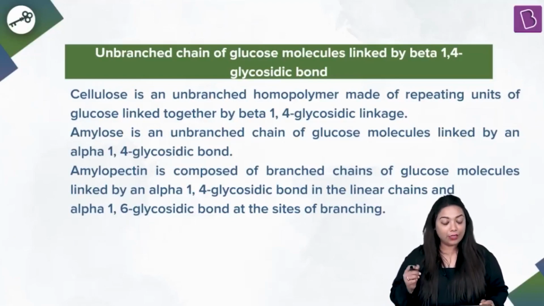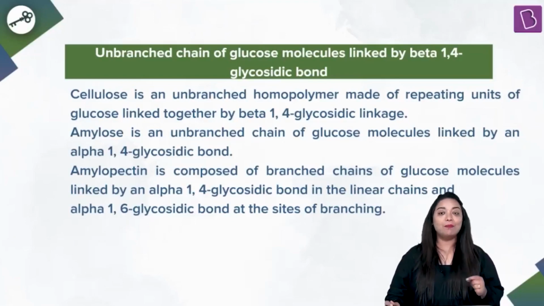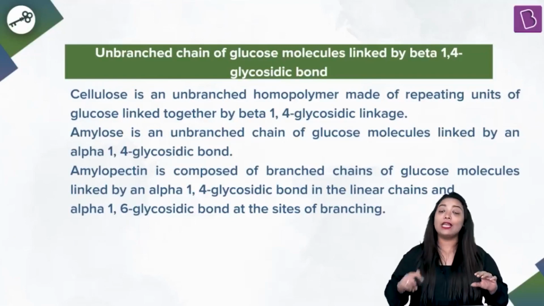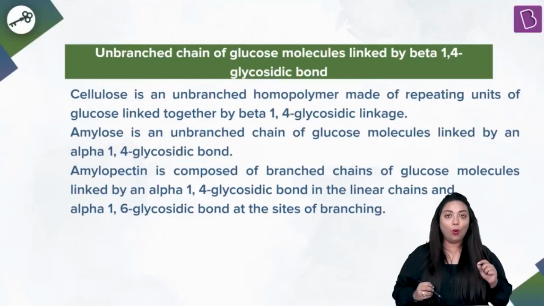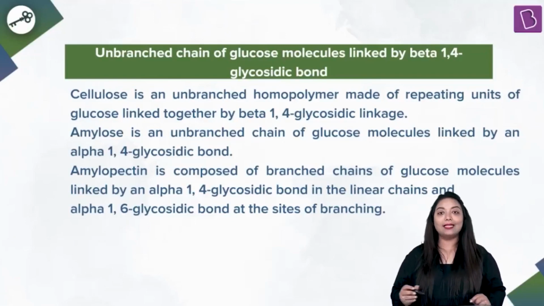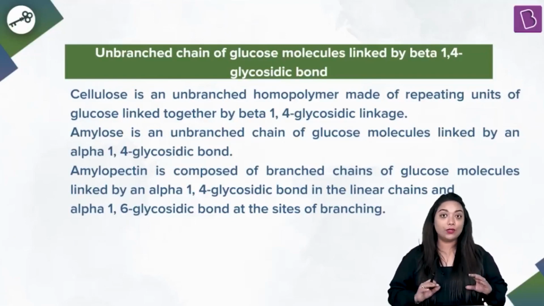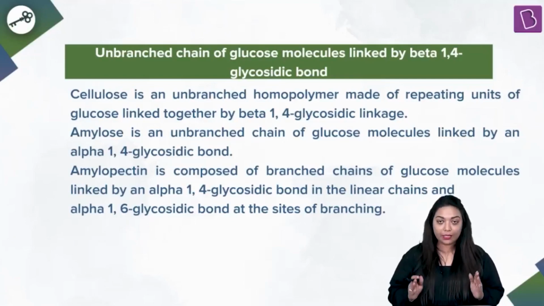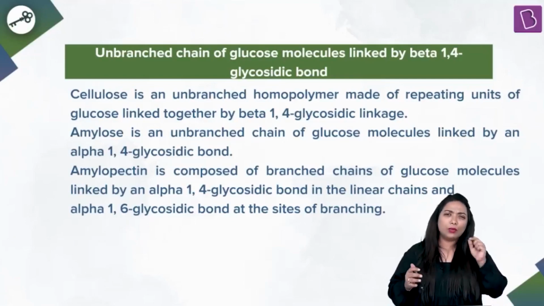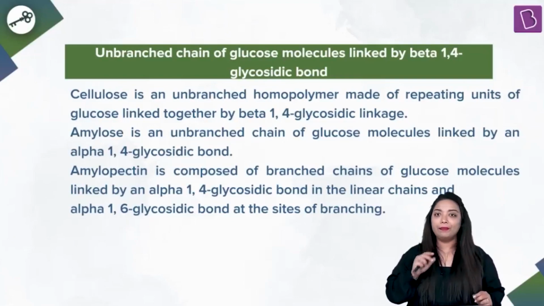Amylopectin is composed of branched chains of glucose molecules linked by an alpha 1,4 glycosidic bond in linear chains and alpha 1,6 glycosidic bond at the site of branching. So these were your options which were given along with the other questions. Okay. Please remember the structure. Note down how you can easily get the difference between beta and alpha.